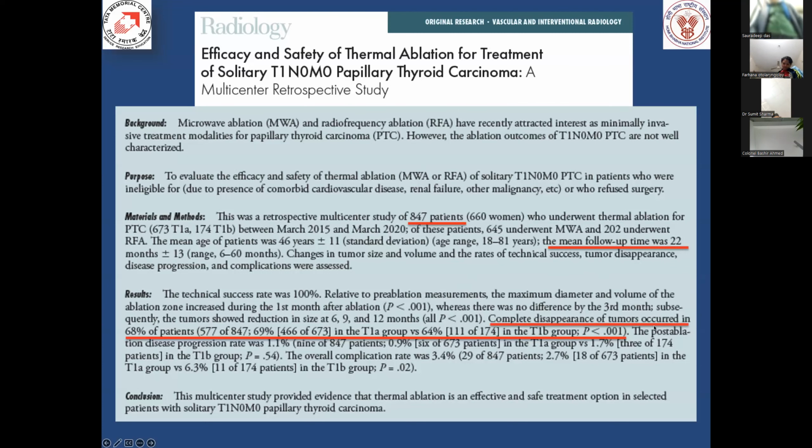It shows that there's a complete disappearance of tumors in 68% of the patients in the T1A group, and 64%. So almost 2/3 of the patients in the follow-up of 22 months had complete disappearance of the tumor. The overall complication rate was less than 5%. And this concluded that thyroid RFA is safe and effective for T1 N0 M0 papillary thyroid cancer.